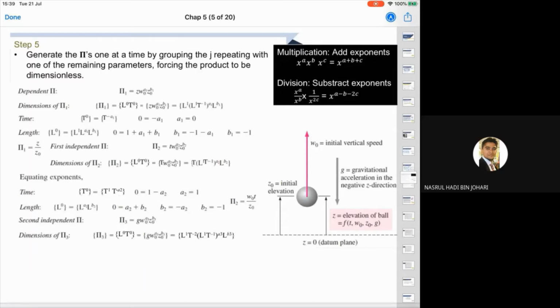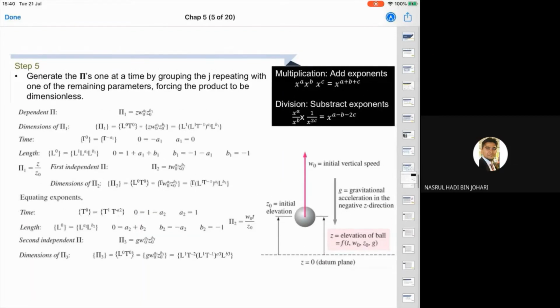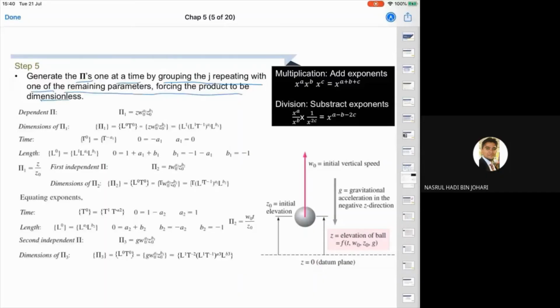So we generate, in step 5, we generate what? We generate the pi's at a time by grouping the j repeating one of the remaining parameters. So apa boleh kita buat? Dalam case ni, first we put pi. Remember, we do have 3 pi, pi 1, pi 2, pi 3. Second, remember we do have what?